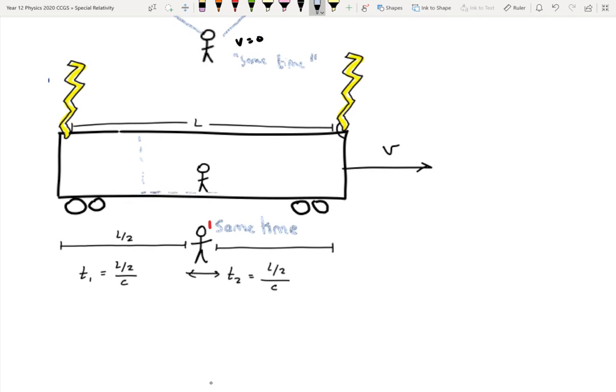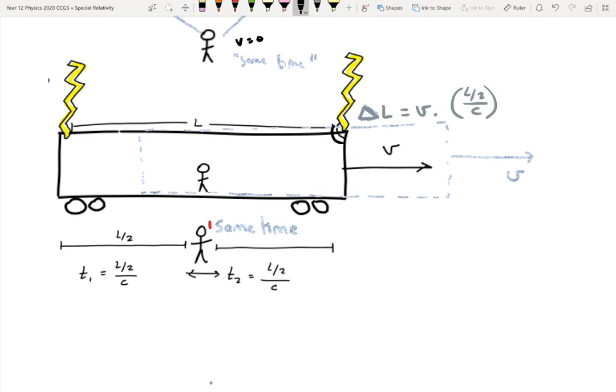I would like you to just draw a silhouetted train. In that time period, it's gone forwards. The change in length is going to be the velocity multiplied by the time period. And so in that time, the back light has to travel a little bit further.